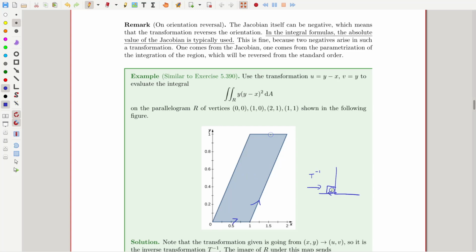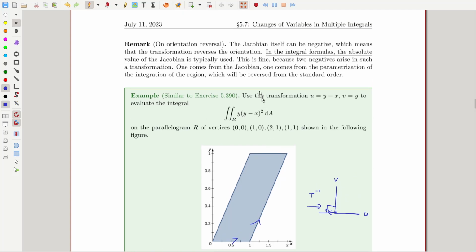I believe it's this way and then up. So if you parameterize the points of this region, you would end up going in counterclockwise fashion, whereas if you map these points over under this transformation to the UV plane, this ends up parameterizing the region, which is a square, in the reverse orientation. So that is what I mean when I say that the transformation can reverse orientation. It's this kind of technical thing that happens.